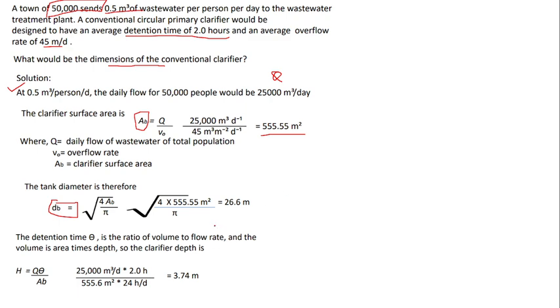Since we know the diameter and also the surface area, we can easily calculate the depth, because we know that theta is equal to V by Q, and V is area into height. So theta is given, Q is given, H is the only unknown you need to find, and A is also found now. So substitute everything here.